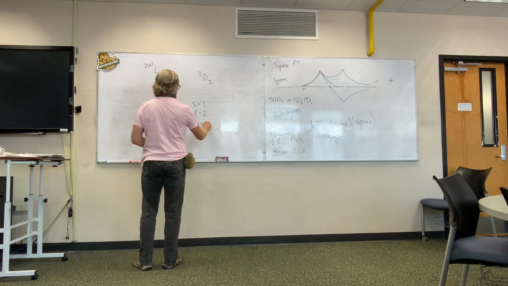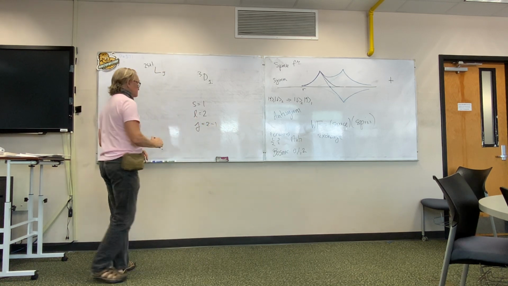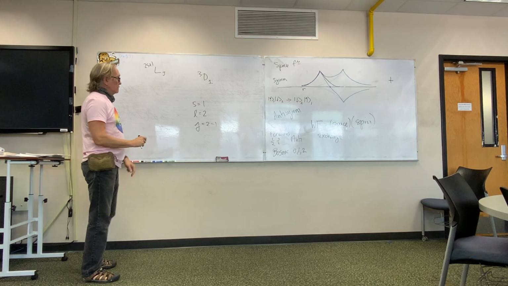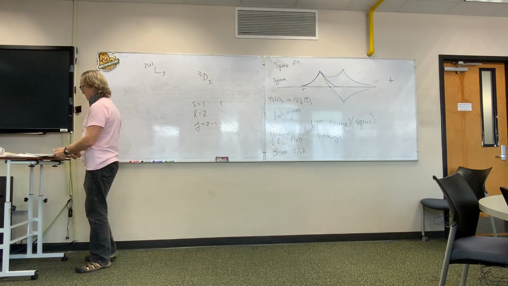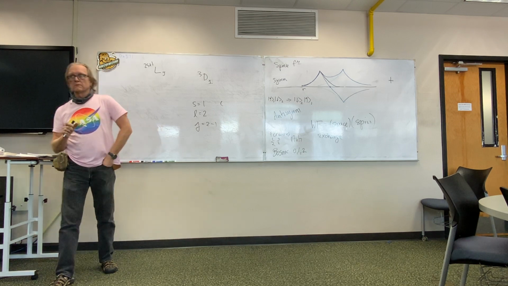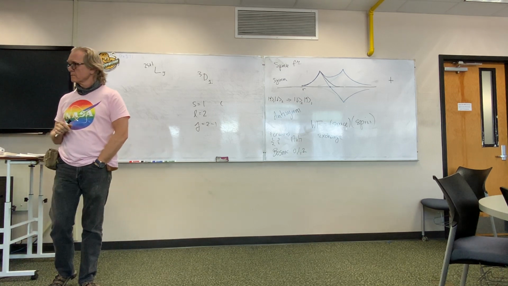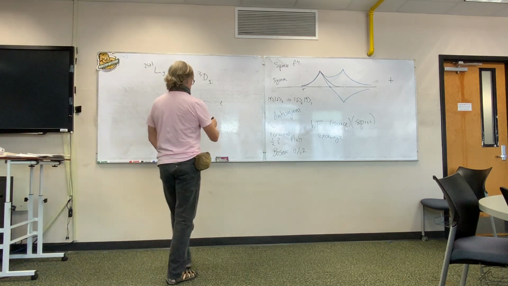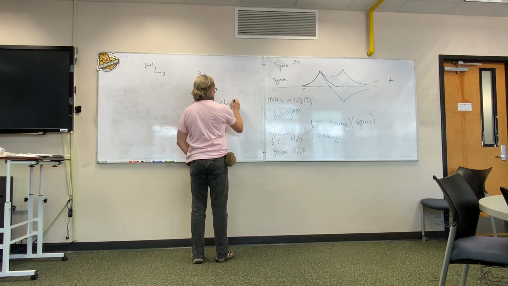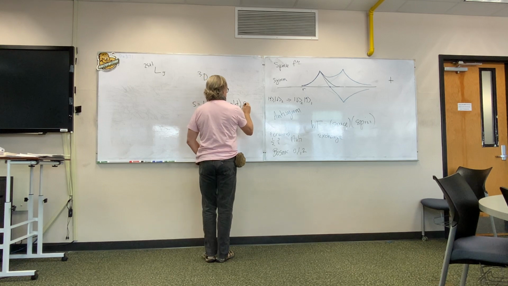And J equals 2 minus 1. Tell me what the symmetry of that state is. S equals 1 is the triplet state, which means it's symmetric.